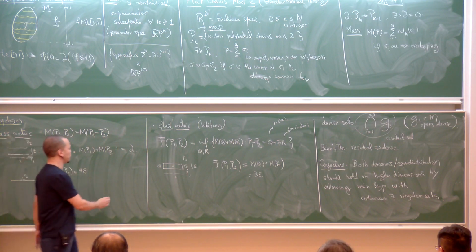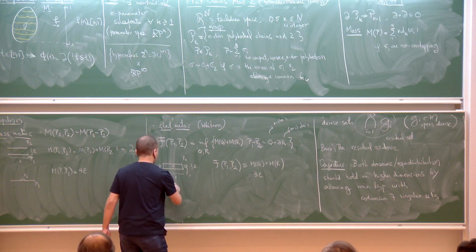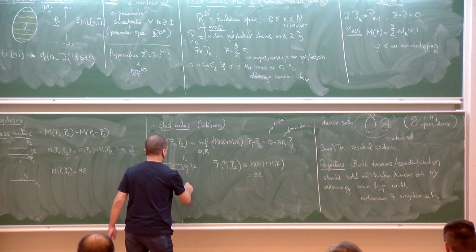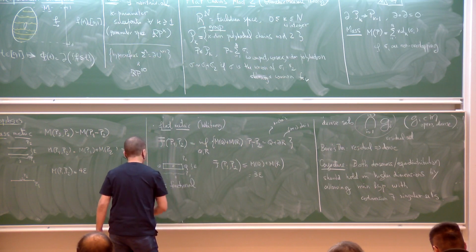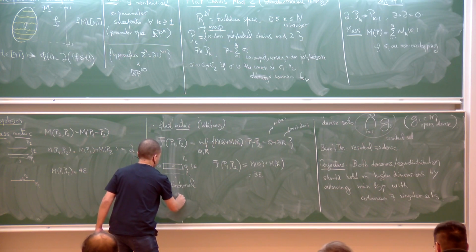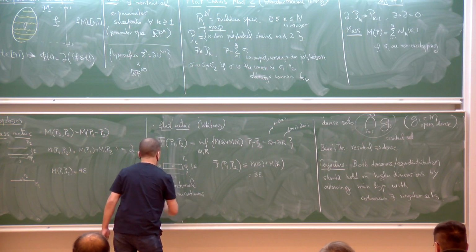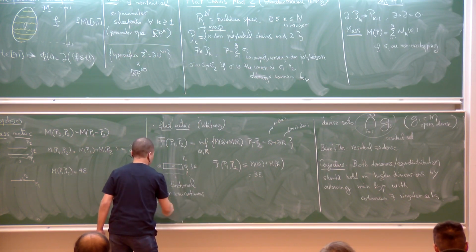Maybe just finish with one property: the mass function, which is really the area, is not continuous with respect to this metric, but it's lower semi-continuous with respect to the flat metric.